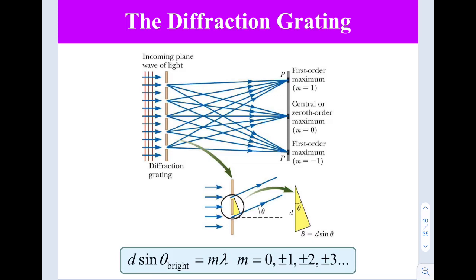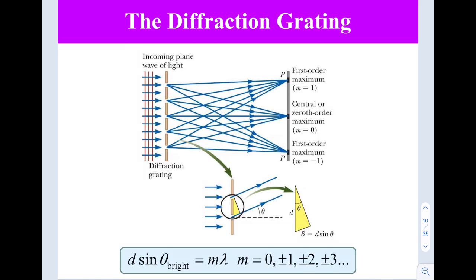Gratings are often labeled with the number of grooves per unit length, which is the inverse of the slit spacing d. Here, slit spacing d.